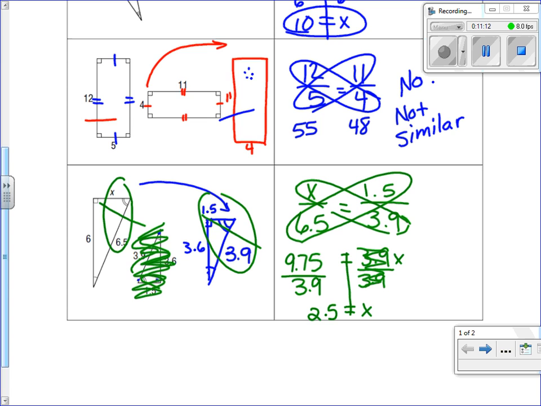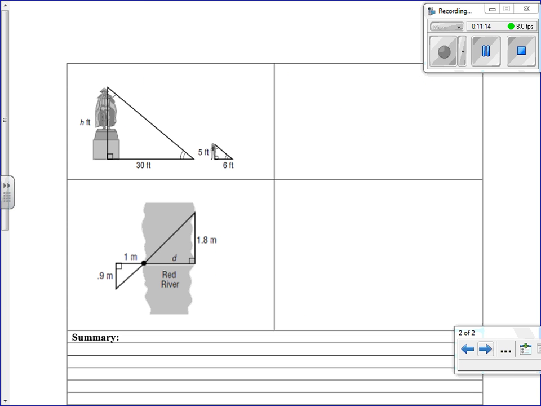Okay, so let's practice just a couple more. Looking at this figure, you can use indirect measurement to determine the height of a statue. Okay, that's what this is showing. There would be a lot of words attached to it, like Johnny wanted to know the height of the statue, and he created a triangle that was 5 foot high.